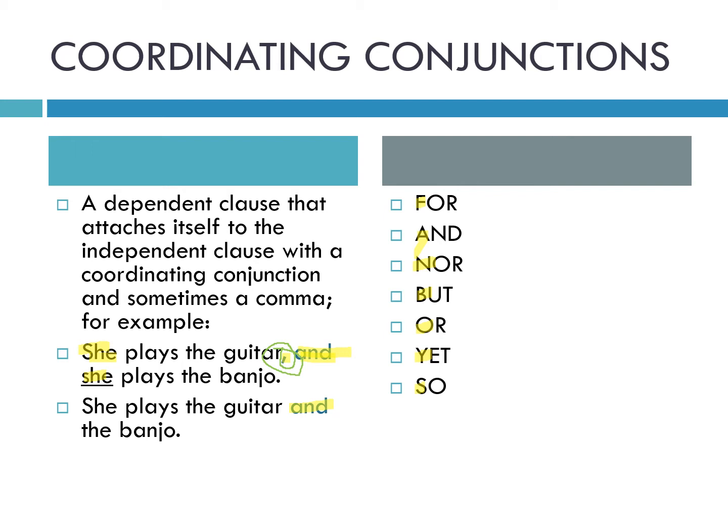Here we have she plays the guitar, and then you have the banjo. So you have an independent clause, she plays the guitar, and the banjo is a dependent clause. So you have no comma, she plays the guitar and the banjo, because that coordinating conjunction is joining the banjo, a dependent clause.